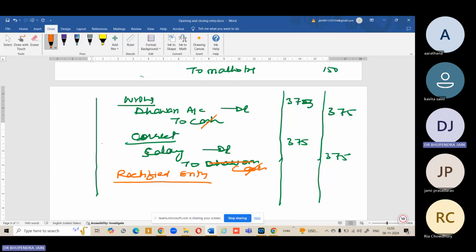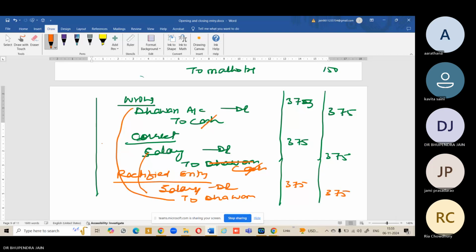So write down the correct entry in the right side, salary account debit $375. And write down the wrong entry in the opposite side, to Dhawan is rupees 375. This is the correct entry. ठीक है जी.